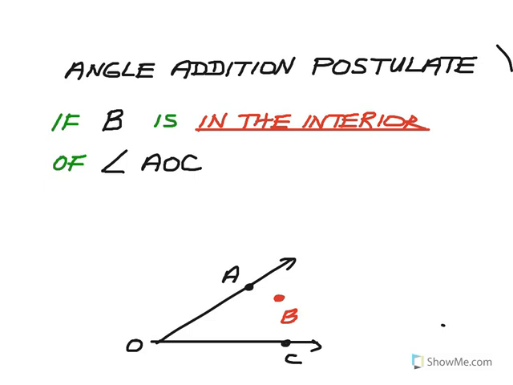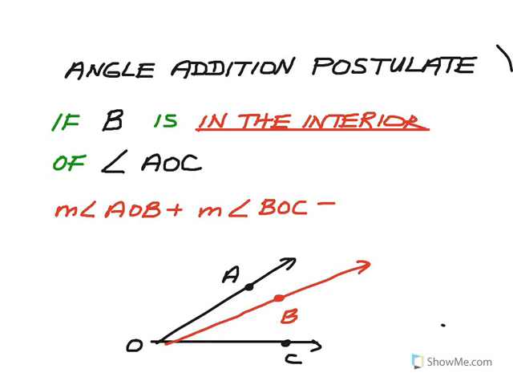If point B is located in the interior of AOC and we put a ray through point B, dividing AOC into two angles, then the measure of the top angle AOB, added with the measure of the bottom angle BOC, will be equal to the total measure of the original angle AOC, the big angle.